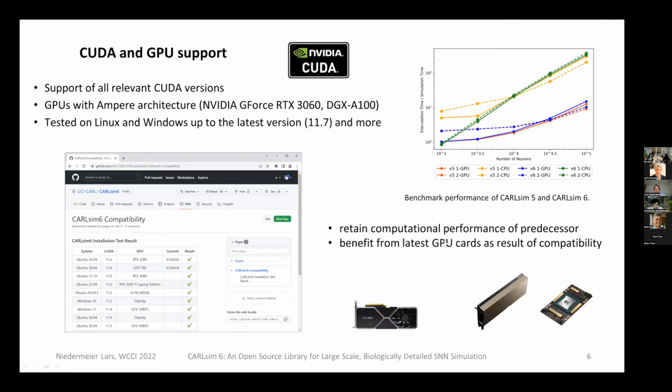So we didn't have an objective with CARLsim 6 to do any performance improvement, but by the usage of CMake, for instance, we benefit from the latest hardware, which means, for instance, this retail graphics card, the RTX 3090, has 24 gigabytes of memory, which formerly only Tesla cards had.